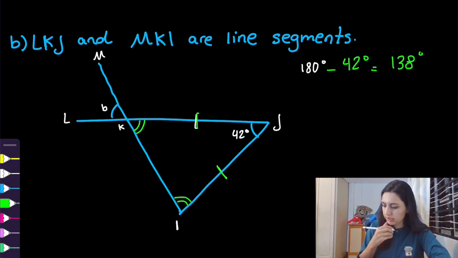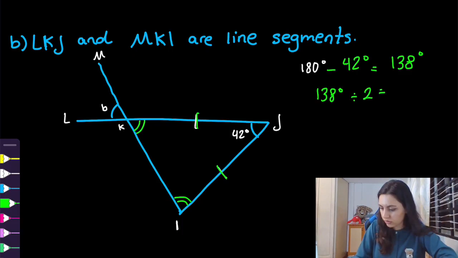So 138 degrees are the total of the two angles. And then because these two angles are the same, I'm just going to say 138 degrees divided by 2 equals 69. So this is 69. This is also 69.